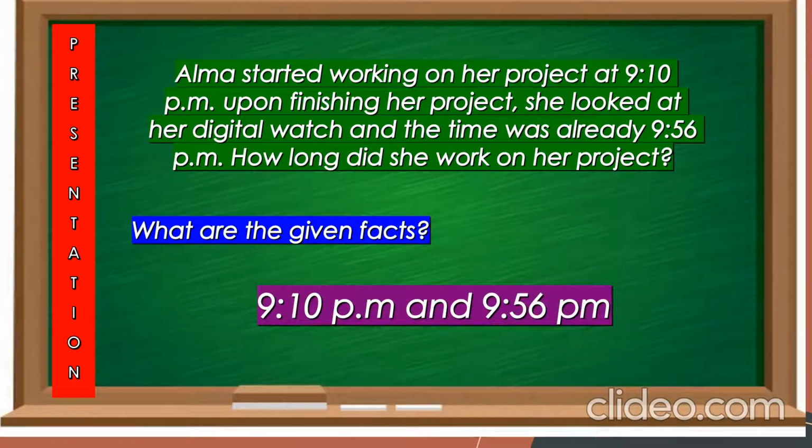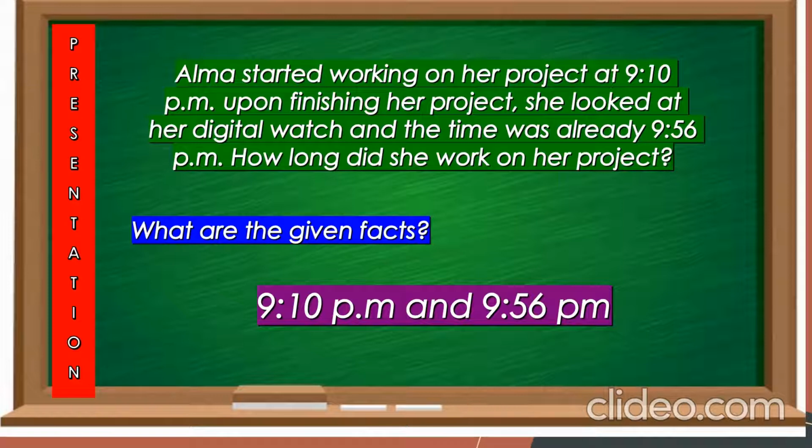Very good. We have 9:10 p.m. and 9:56 p.m. Time started 9:10 p.m. Time ended 9:56 p.m. Now that we understand the problem, we know what is asked and we also know the given facts. We need to plan. Very good.